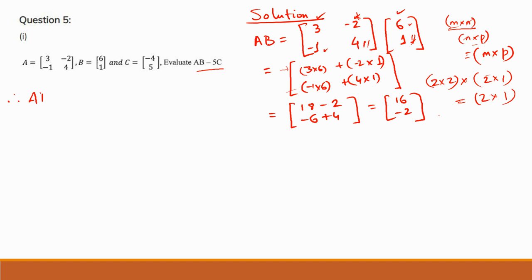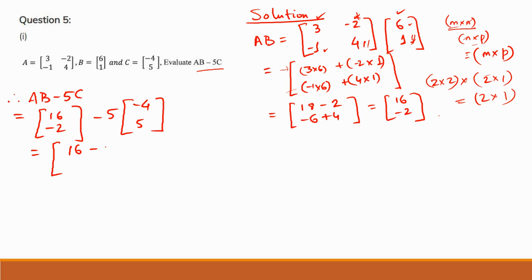Therefore, AB minus 5C equals AB, which is 16, minus 2, minus 5C. We have to put C as minus 4, 5. So the final answer will be 16 minus, we have to multiply 5 with minus 4. This will give us minus 20, right?